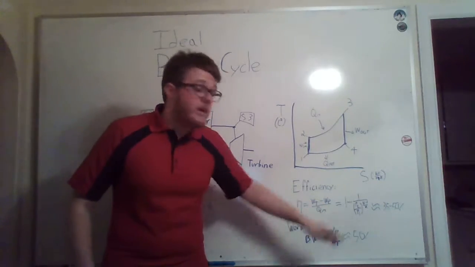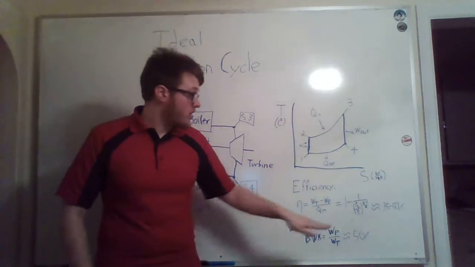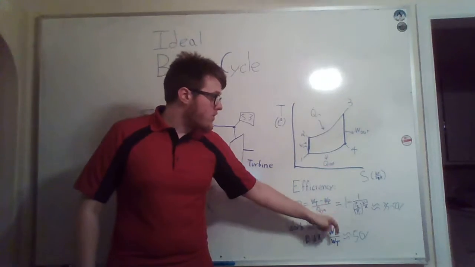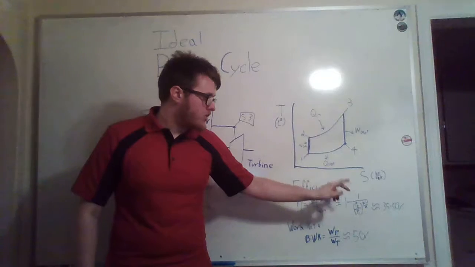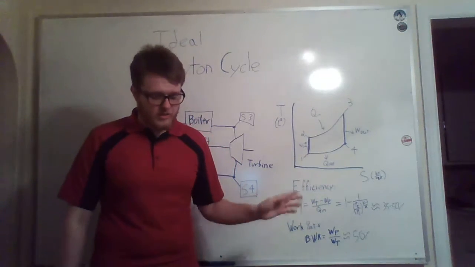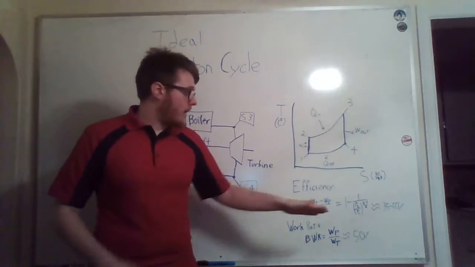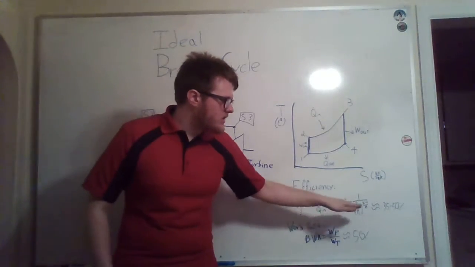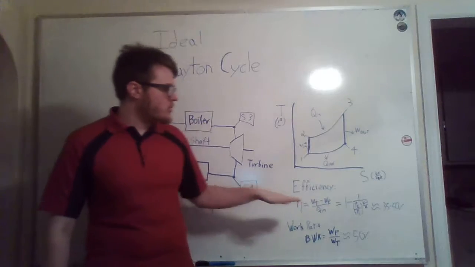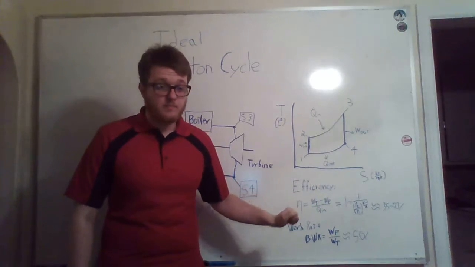However, we can calculate it if we know our maximum and minimum pressure using this equation over here: 1 minus 1 over (P max over P min) to the (K minus 1) divided by K. That equation is generally how we can solve it without the enthalpy values. And the efficiencies of a Brayton cycle usually run around 35 to 50%.